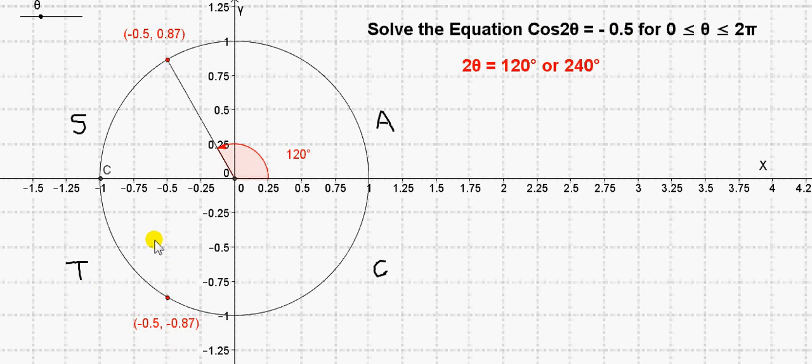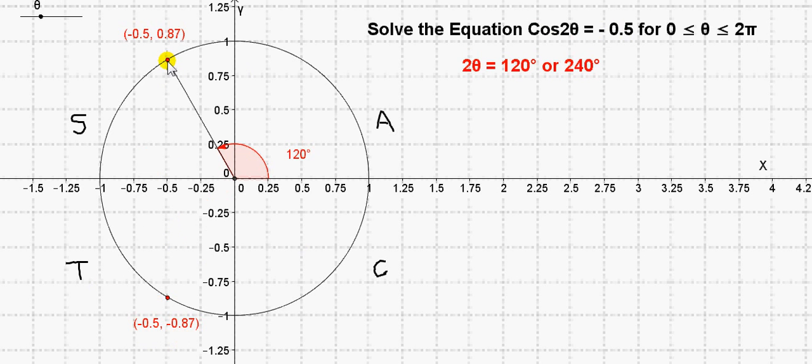So these are the two quadrants that give negative values for the cos function. The cos function is positive in these two. So you know that we're dealing with an angle between 90 and 180 degrees and an angle between 180 degrees and 270 degrees.